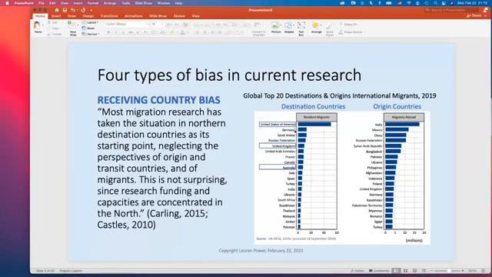Of destination countries, the 3 that I focus on, the US, UK, and Australia, are indeed very highly represented destination countries. They do not appear as much in origin countries, and I think that's important to understand. The exception, of course, being the UK. The UK sends a lot of people abroad, but it also receives a lot of people.